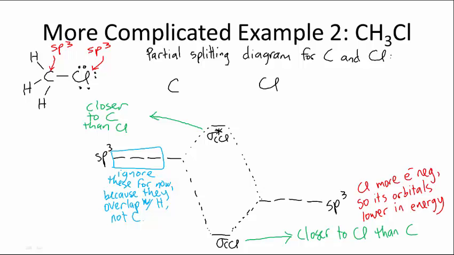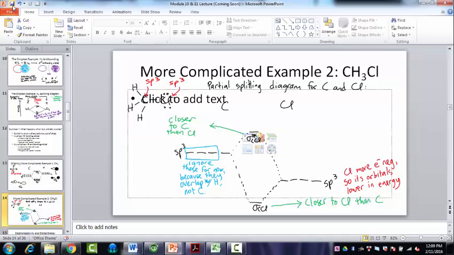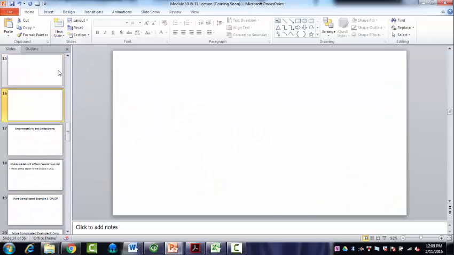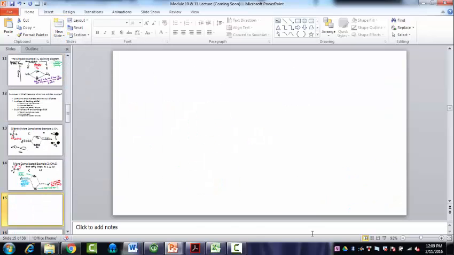What that means is if I were to draw these two orbitals, and I think I'm going to have to add space that I didn't include earlier. That means if I want to draw sigma CCl, really that's going to come from the sp orbital on one overlapping in phase with the sp orbital on the other.